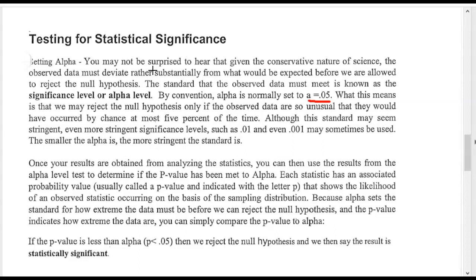So then I would run my statistics, in this case a t-test, and if it comes out to 0.04 or 0.03 or 0.02, then I would say I reject the null. The null was a statement saying there will be no significant difference.